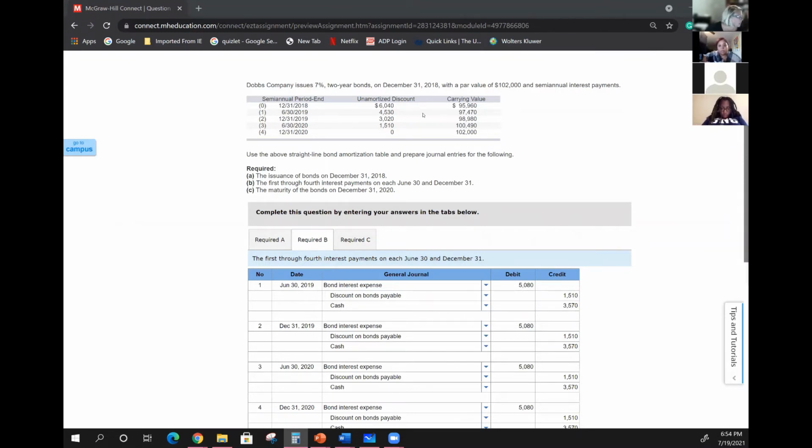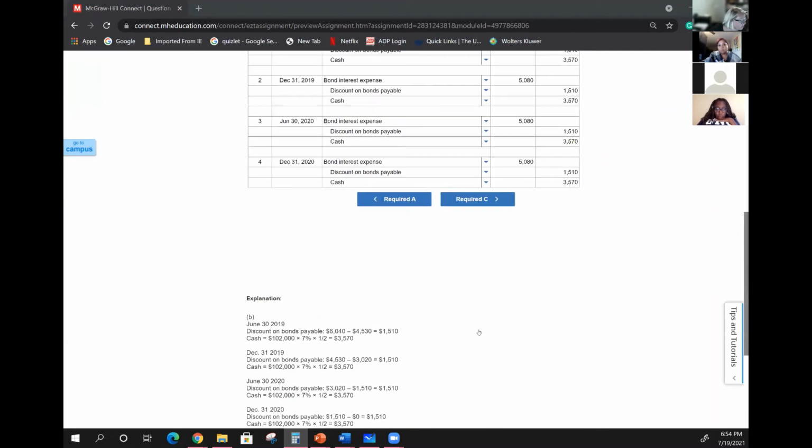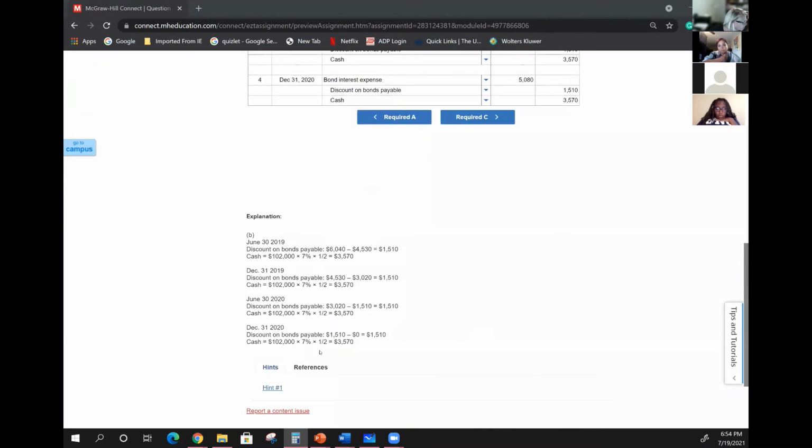I don't know if that would be easier for some people, because you won't necessarily have all the numbers at first all the time. Right. So the payment, it doesn't show you that calculation on this 3570. Well, it does. It's just down here.